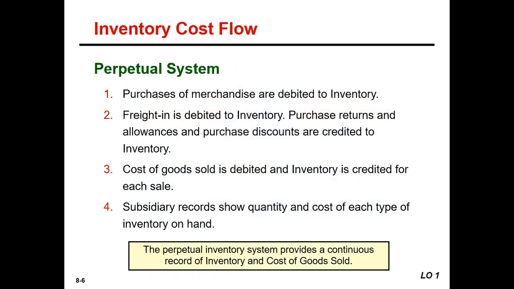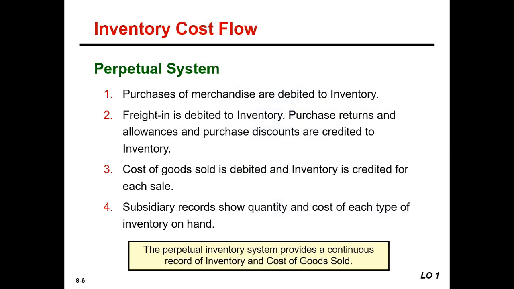Just like we talked about a little bit on the previous slide, in the perpetual system, the purchases of merchandise are debited to inventory. Freight in is debited to inventory. This is the freight cost associated with the purchase. Purchase returns and allowances and purchase discounts are credited to inventory, so those reduce our inventory costs.